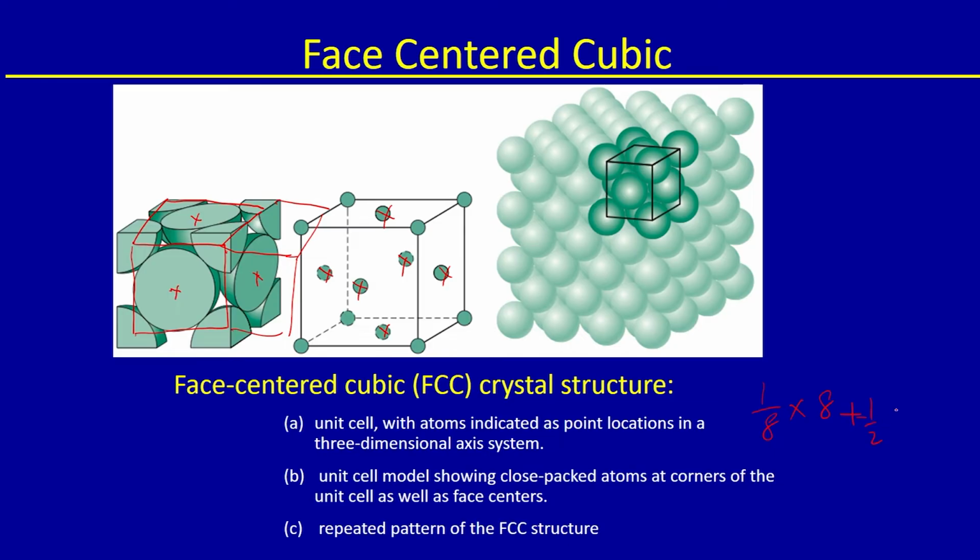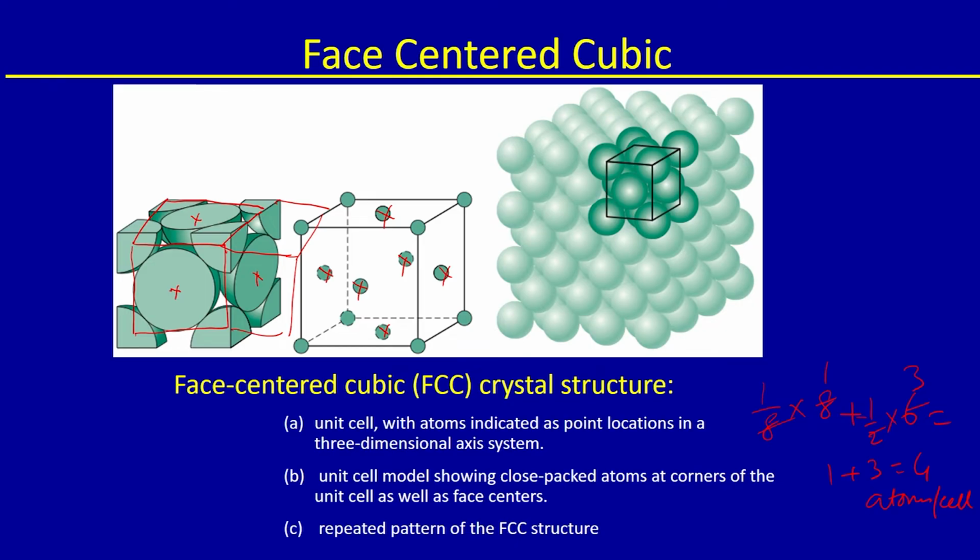So, that is half into 6, that is equal to 3. So, 1 plus 3 is equal to 4 atoms per cell. That is the number of atoms in the unit cell. That is how we can build the structures. In all these 3 structures, atoms are present only at the corners, or at the body center position, or at the face center position.